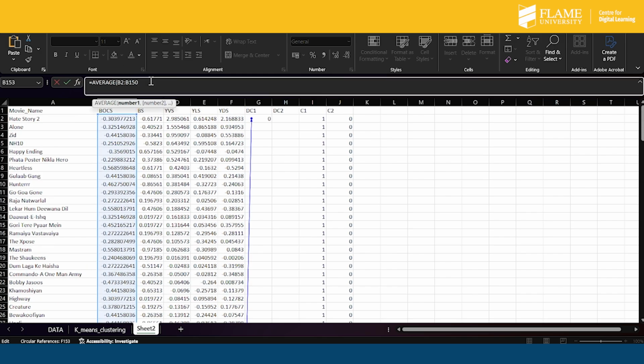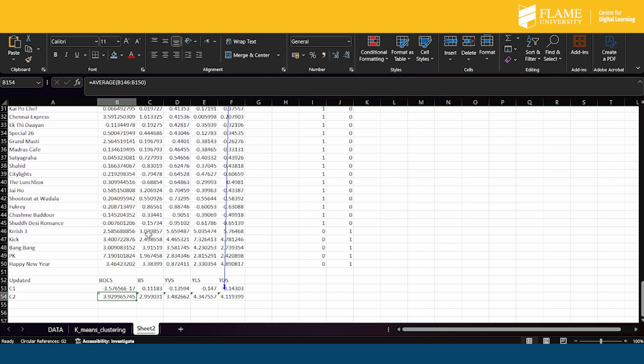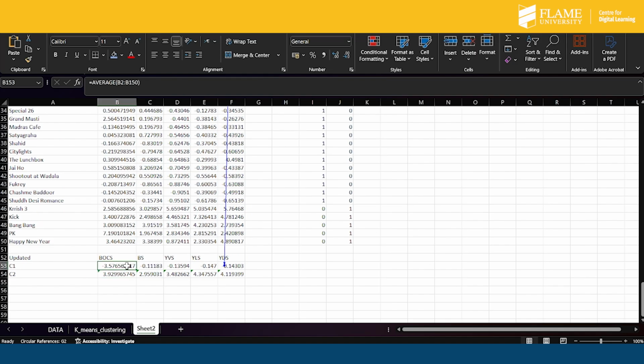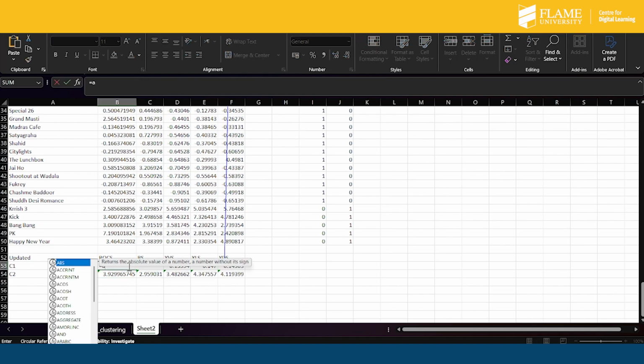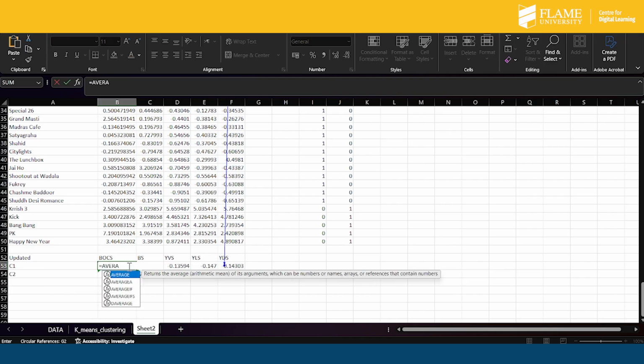While working with Excel, you have to make sure that your values are right, or that you are selecting the right cells.